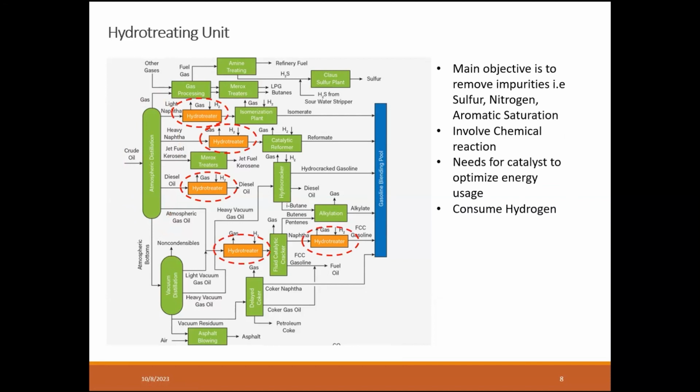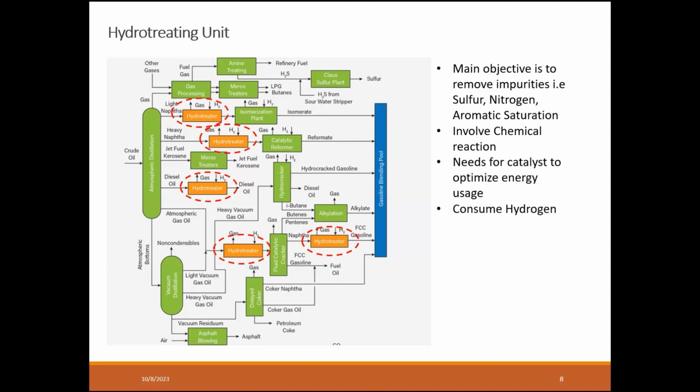So the hydrotreating unit's main objective is to remove impurities, like sulfur and nitrogen in general. Some units are also designed for aromatic saturation. For instance, for diesel, the product spec is, I would say, the opposite of gasoline. For gasoline, we need a higher octane number, and octane number is basically related to aromatic content.